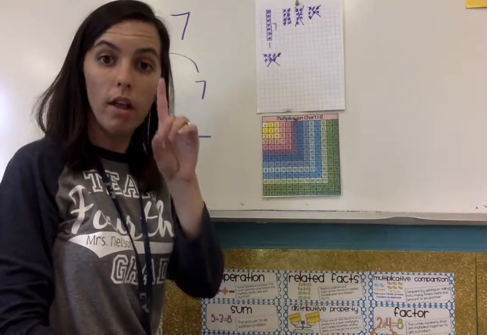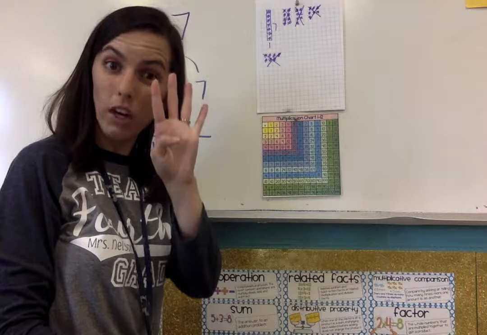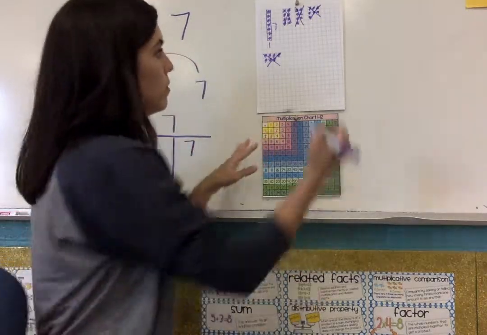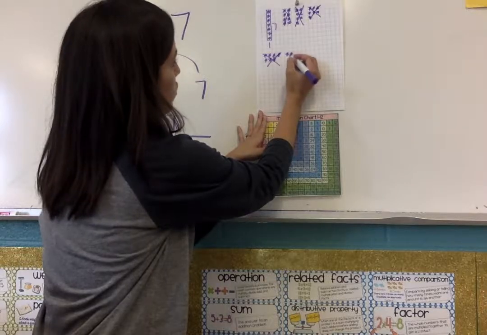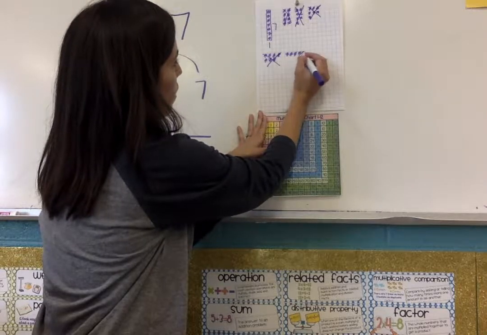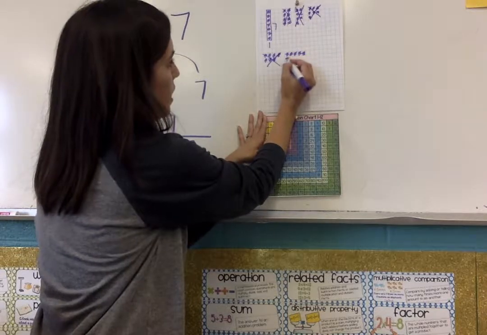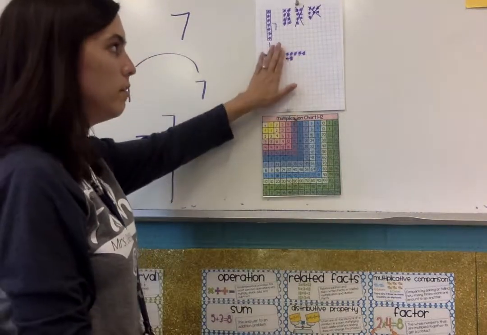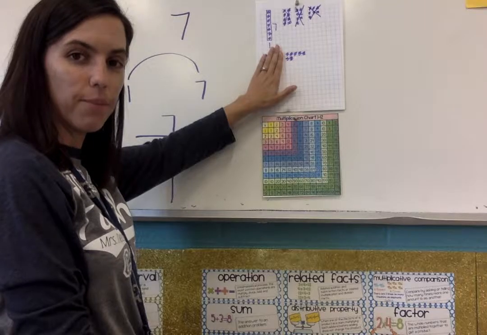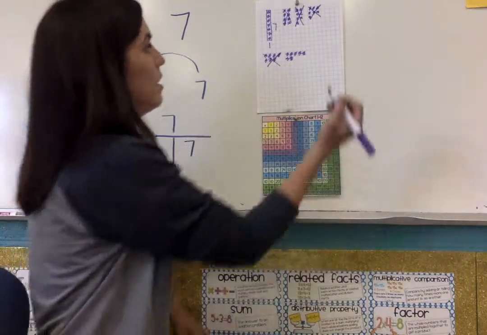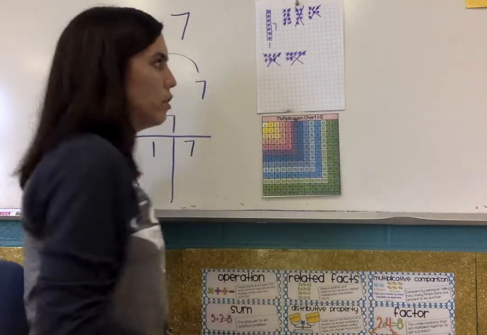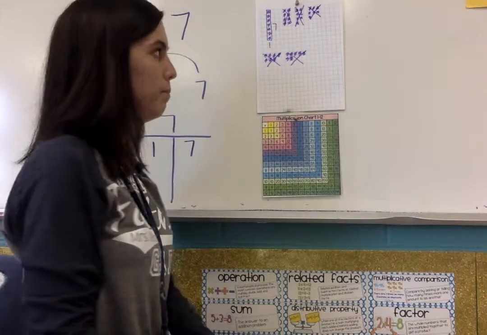Okay, tried 1 column, 2 columns, 3 columns, 4 columns. What do you think I'm going to try next? 5 columns. So I have 1, 2, 3, 4, 5 columns, 6, 7. 7 squares shaded in. Does this make an equal rectangle? No, it does not. So I know that 5 is not a factor of 7.